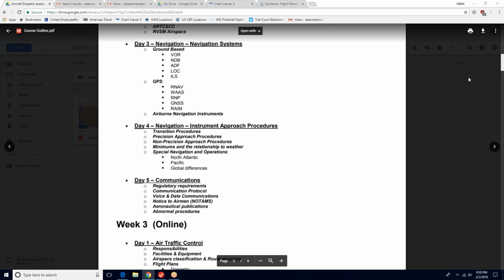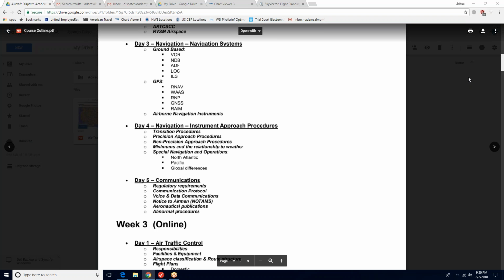If your airplane isn't RVSM qualified, are you not allowed to go above 29,000 feet, or did they just move the other planes around to accommodate you? That's correct. If your aircraft is not RVSM capable, you cannot go into RVSM airspace.